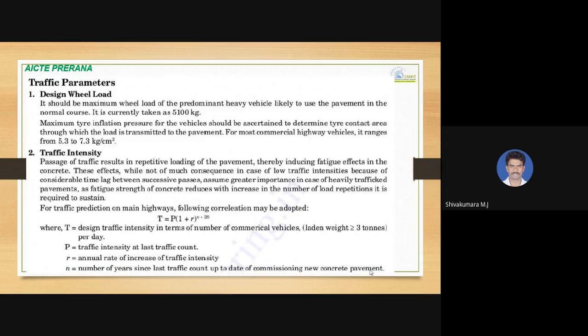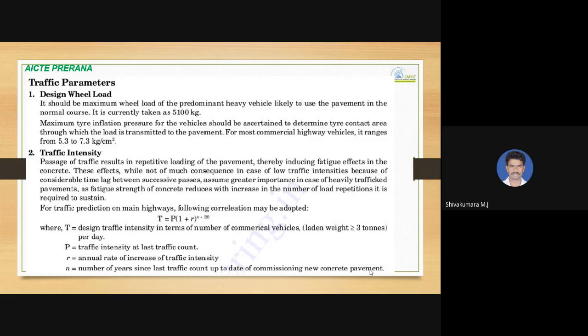And some of the traffic parameters to be considered in the design of rigid pavements are design wheel load and traffic intensity. The design wheel load should be the maximum wheel load of the predominant heavy vehicle likely to use the pavement in the normal course. It is currently taken as 5,100 kg.